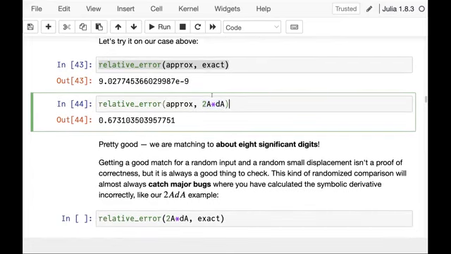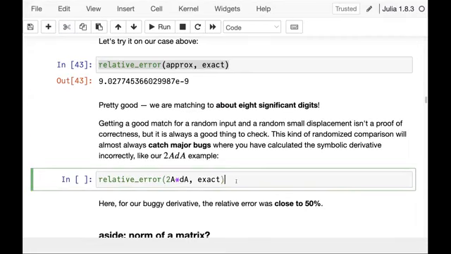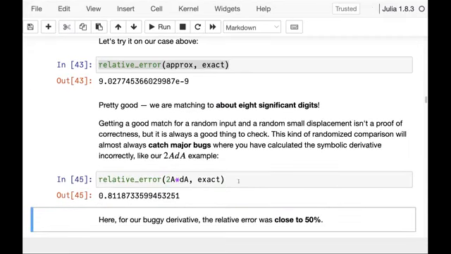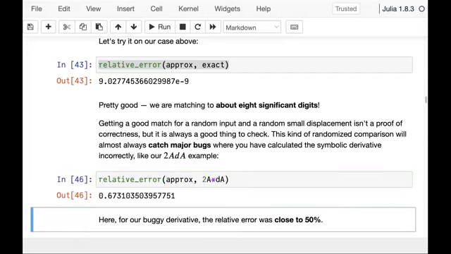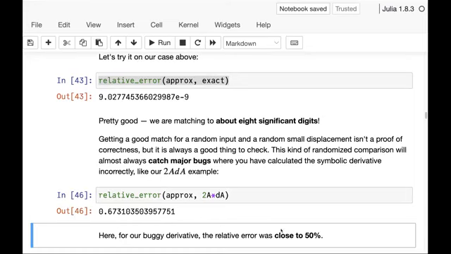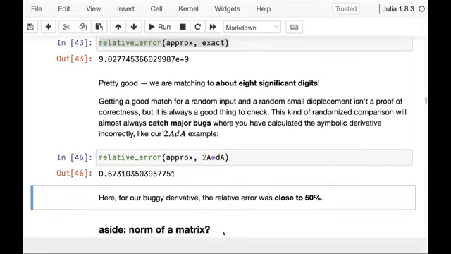Oh, I actually wrote this relative error down there. If I really screwed up, I would be checking it against the approximate answer. But yeah, if I really screwed up, you'd notice immediately. So it's over 50%, right?